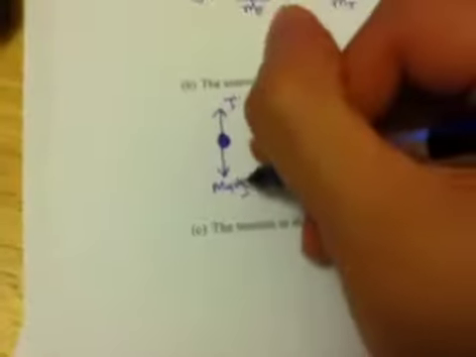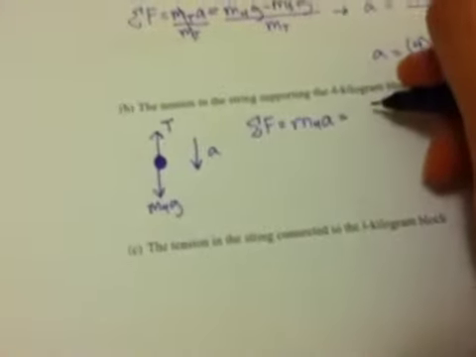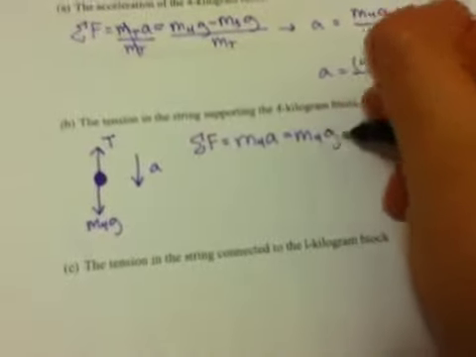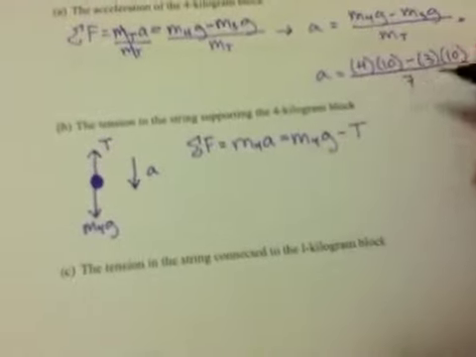Now let's do the sum of the forces equals, but this time since we're only looking at the 4 kilogram block, we're only going to use m4 times our acceleration. We're going to do our m4g first because it's going the same direction. Whichever way acceleration is pointing, that's going to be positive. So you're going to have m4g minus T.